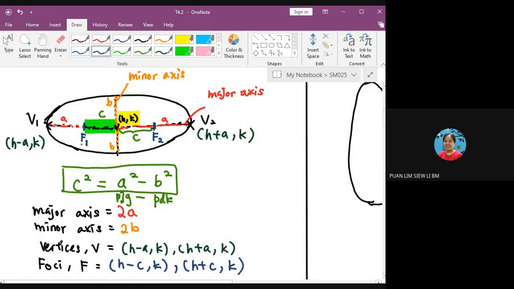Boleh? So, focal point sini, sebab dia anjak ke kiri kan, so H tolak C. Ini focal point di kanan, so dia akan H tambah C. So, dalam ellipse kita ada 4 benda kena tahu, iaitu center, A, B, C. Salah satu tak tahu, ni memang tak boleh nak selesai.